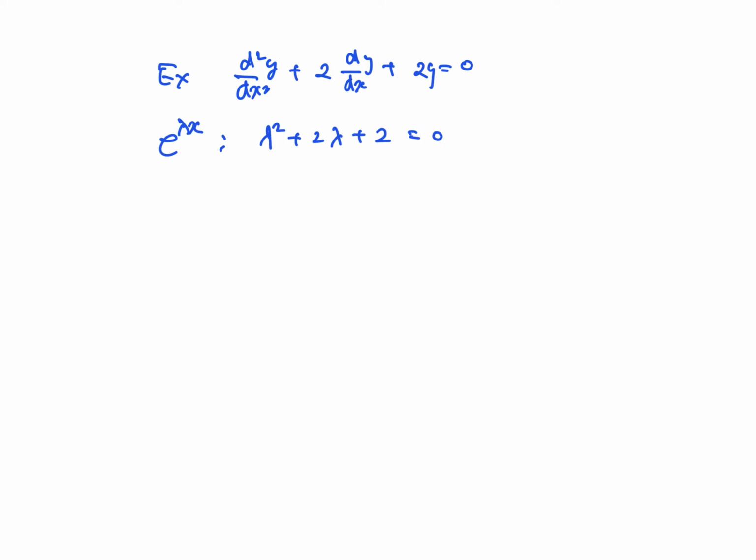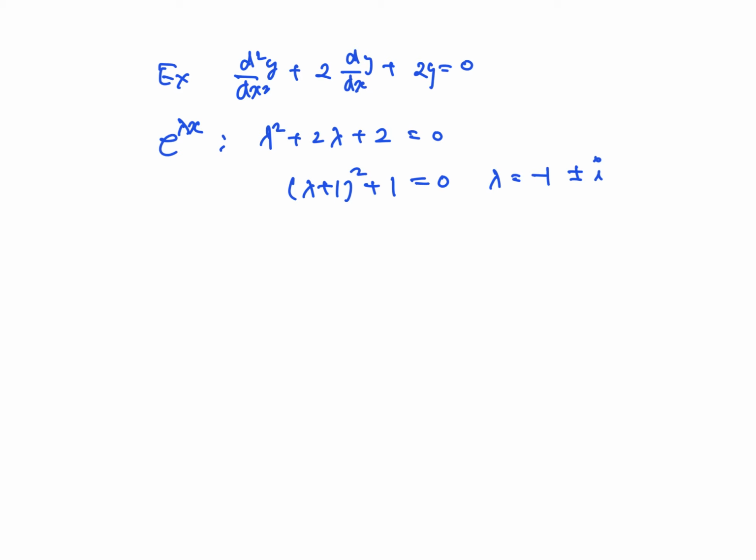But another example: d squared y over dx squared plus 2 dy over dx plus 2y is equal to 0. For the characteristic equation, we try exponential lambda x. Lambda squared plus 2 lambda plus 2 is 0, or lambda plus 1 squared plus 1 is 0, right? So lambda is minus 1 plus or minus i.